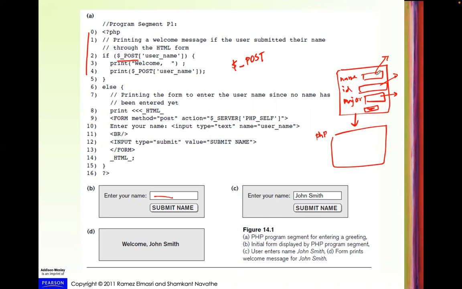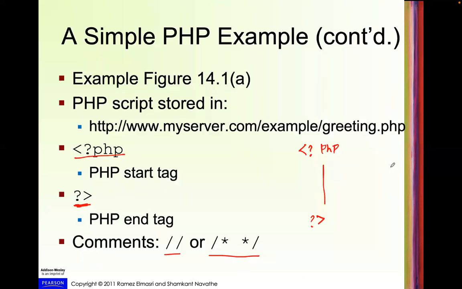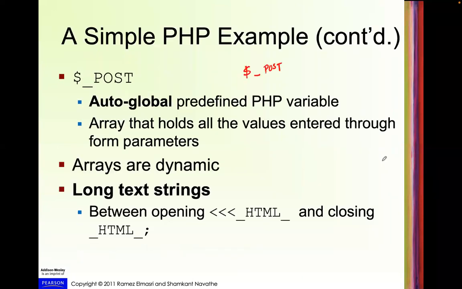For example, here we have three text input boxes. The $_POST variable is going to catch these three inputs in one array. So $_POST will have all the information in one array. These three pieces of information will be in this $_POST array. So $_POST is the array that will hold all the values entered through the form parameter.